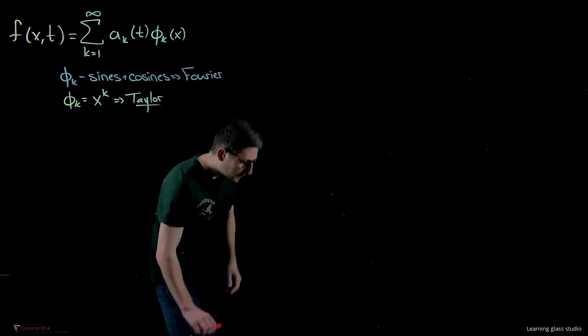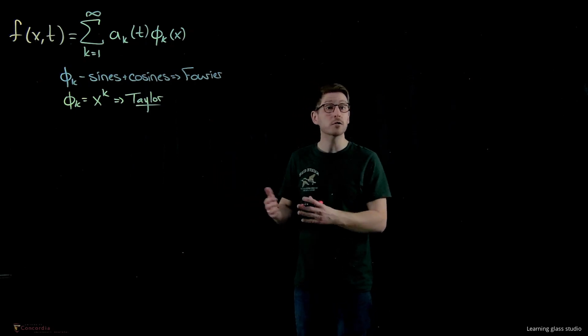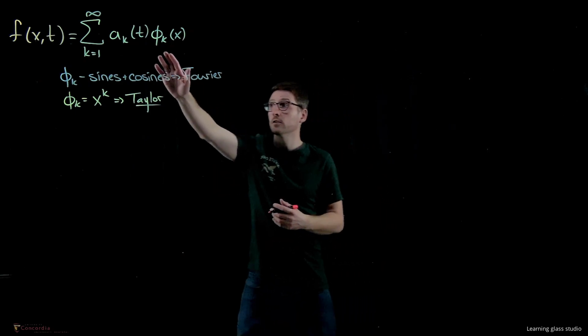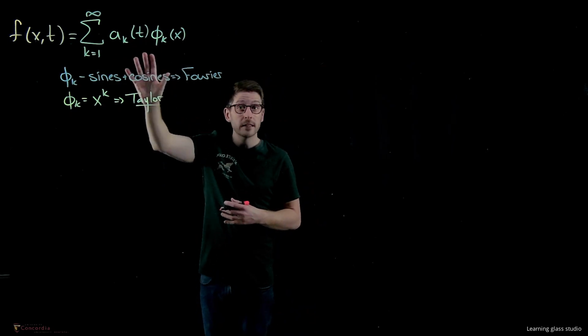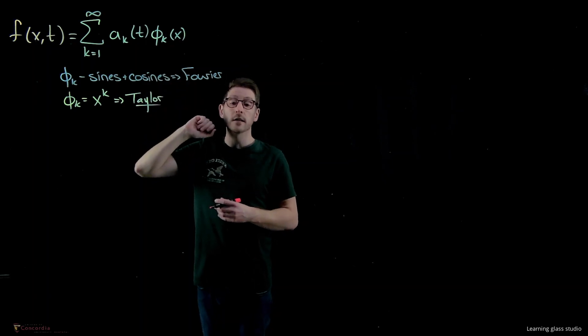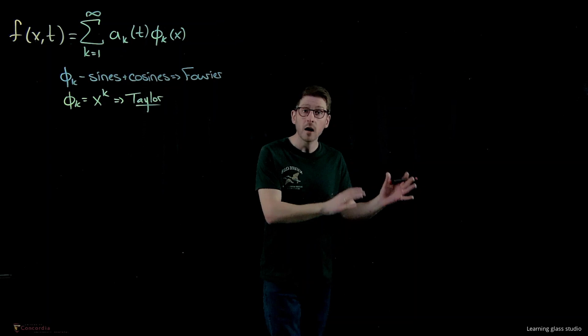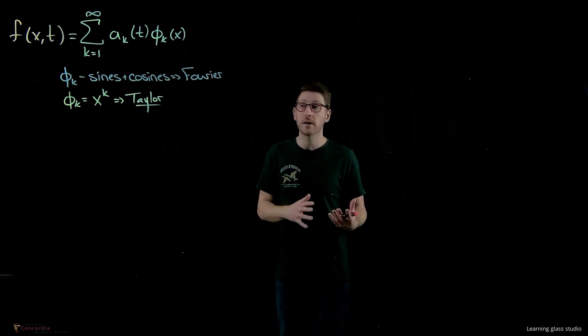And if these were Chebyshev or Legendre polynomials, we would call them Chebyshev or Legendre expansions, right? The point is, these things exist and are very well studied throughout mathematics. Not just dynamical systems, not just partial differential equations, but places like harmonic analysis and approximation theory.